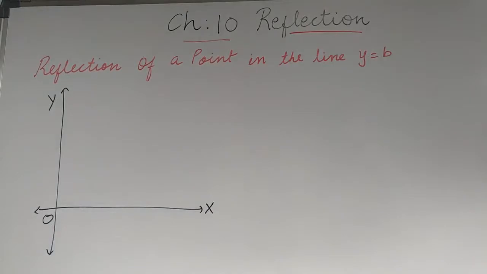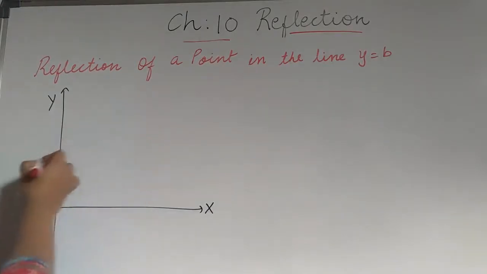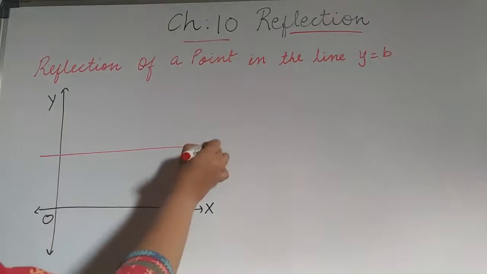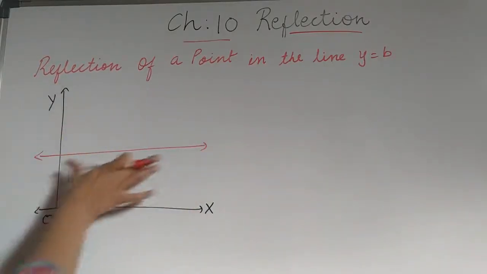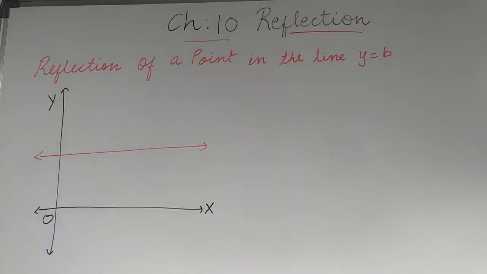But now here we have a line which is parallel to the x-axis like this. You can say this is my x-axis, y-axis. So this line, let us take some line AB, whose name is y is equal to b. I write here y is equal to b. This is line AB which is parallel to the x-axis now.